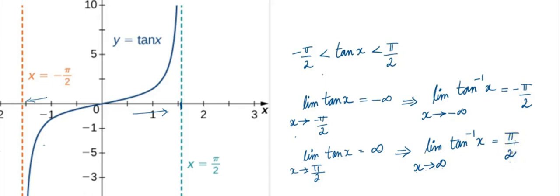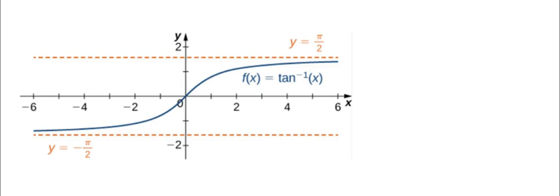So it is possible to have two horizontal asymptotes, as in this example. When you look at the graph of tan inverse of x, it will be trapped between these two horizontal asymptotes, passing through negative pi over 2 on the bottom and pi over 2 on the top.